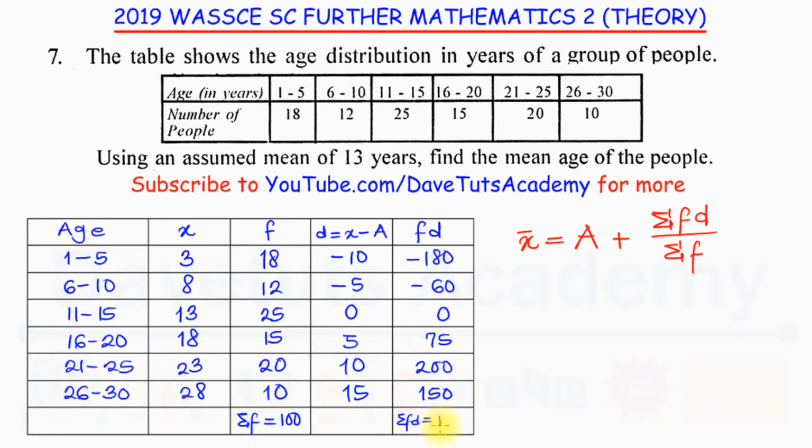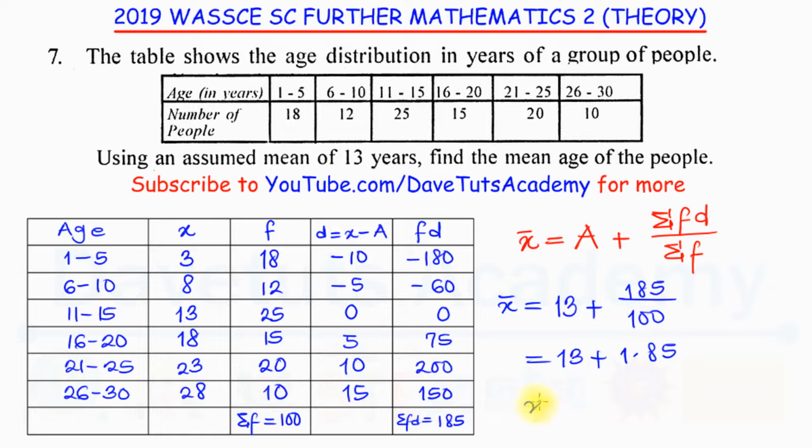So this is 185, and if we now bring this particular set of values into our equation, the mean will be the assumed mean, which is 13, plus the summation of FD, that is 185, over summation F, that is 100. So this is going to give us 13 plus 185 over 100, which is 1.85.